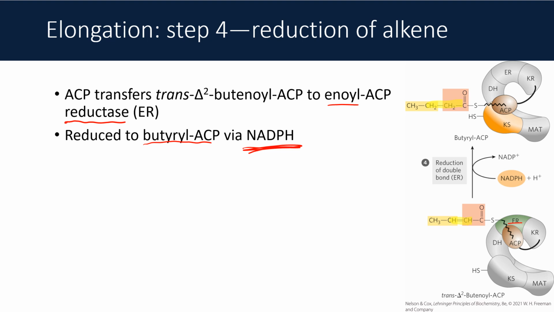This process will consume the second NADPH required in each spiral. Now, technically, butyryl-CoA can be hydrolyzed right here and now and liberate what's called a short-chain fatty acid, butyric acid. But biology prefers to keep this process going for a few more additions and get the most bang out of our buck and make a decently sized fatty acid for all this effort.